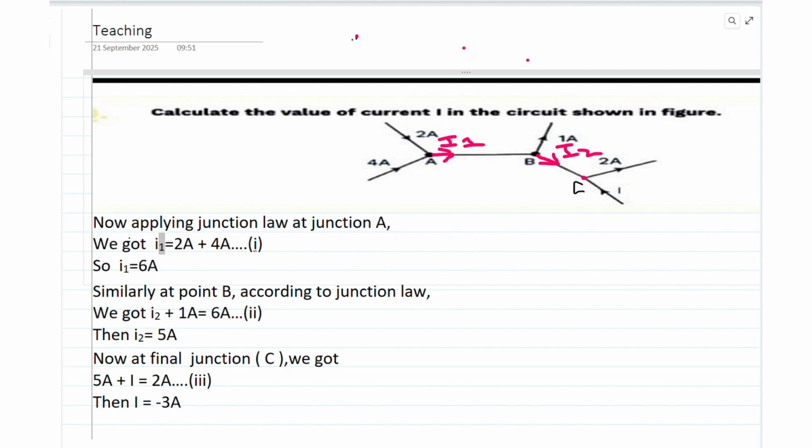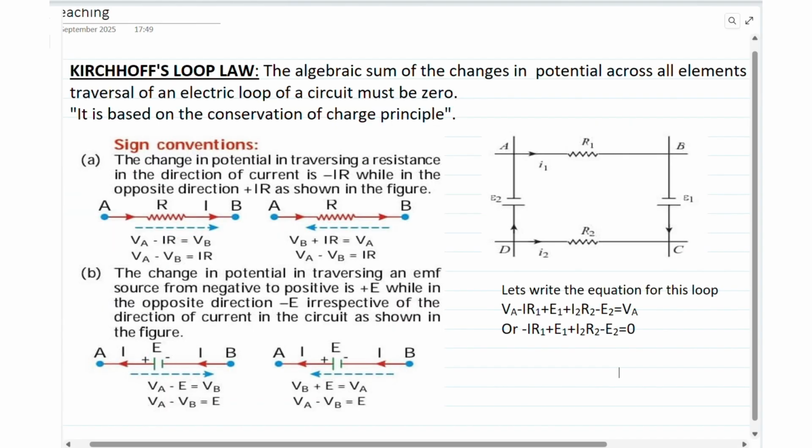The minus denotes that the direction of current shown in the diagram isn't the right one. The current won't be reaching junction C. Instead, it will be leaving junction C. That's why it's minus 3 ampere. Clear?